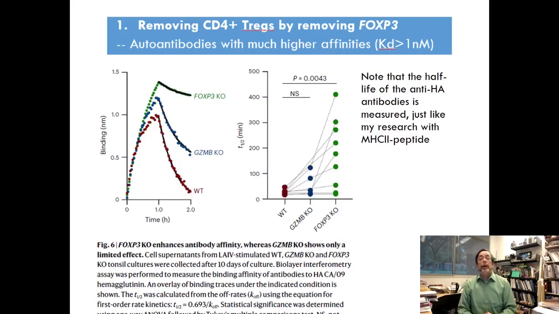So if all these antibodies are being made, let's take those antibodies and let's look at them. And so they took the cases where you have more antibodies, and these are antibodies against self, autoantibodies. You're taking them from the wild type tonsils, the ones with the GZMB knocked out and the ones with the FOXP3 knocked out. And look at this.